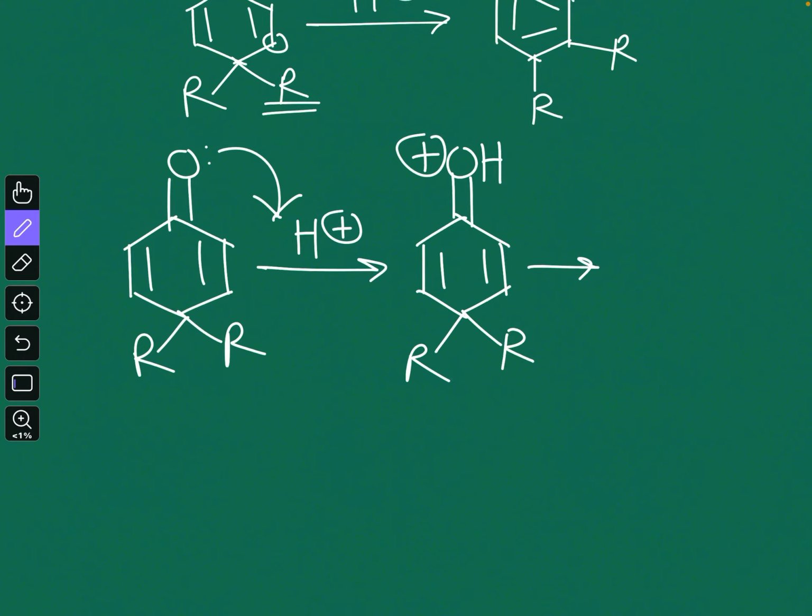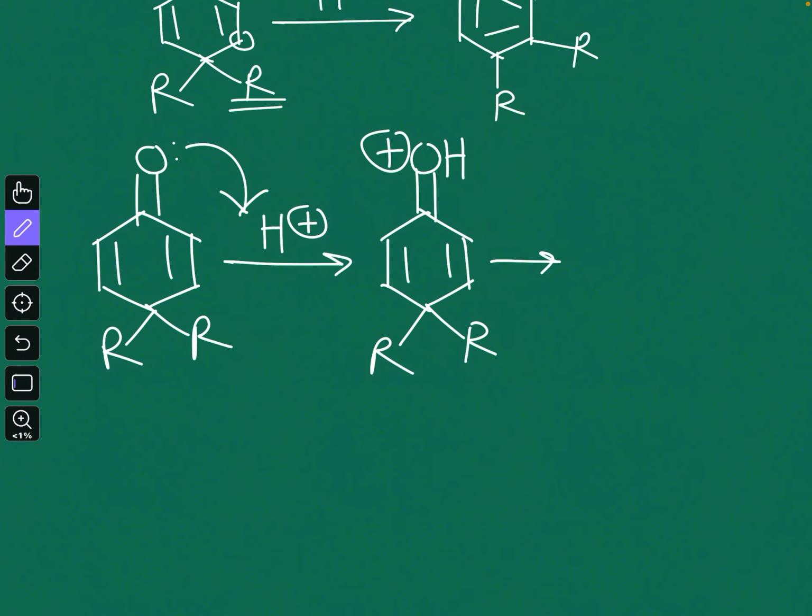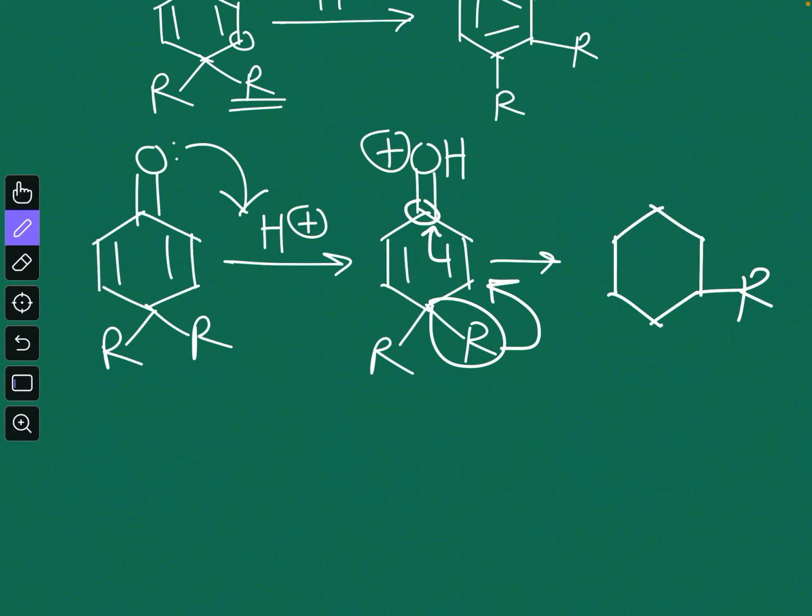After this protonation step, this center becomes very electrophilic, and it will drag this double bond towards it, which in turn drags this R group. So this R group will shift to this position, and you already had one proton over there.